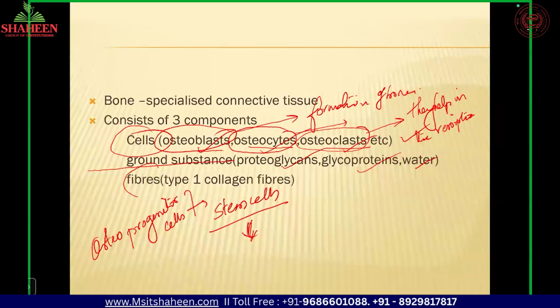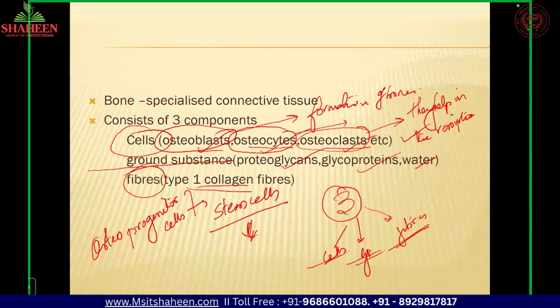And the fibers present in the bones are type 1 collagen fibers. There are different types of collagen fibers; here in the bone, it is type 1 collagen fibers. That is the reason why we call the bone a specialized connective tissue, because three components are present: cells, ground substance, and fibers.